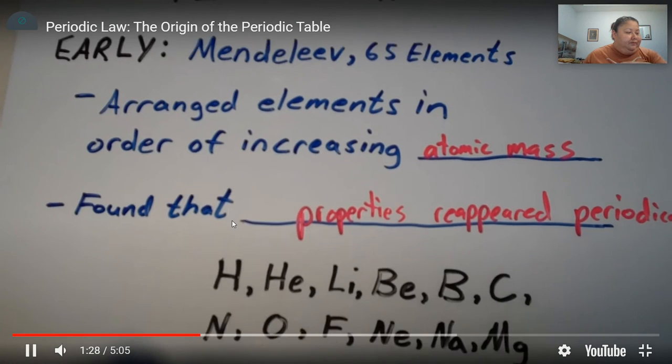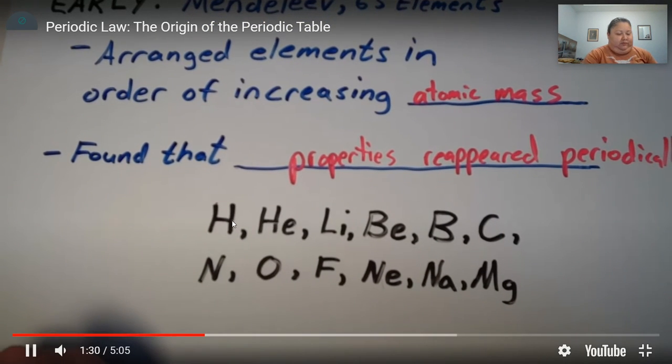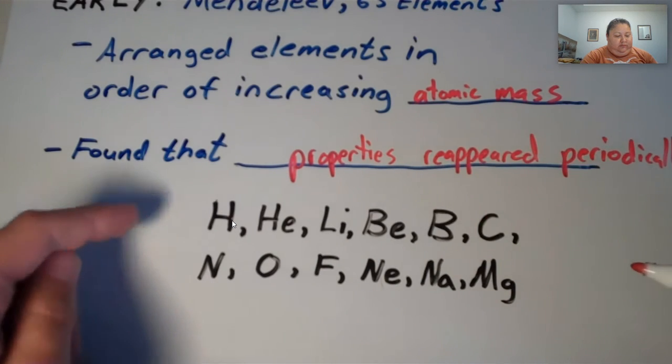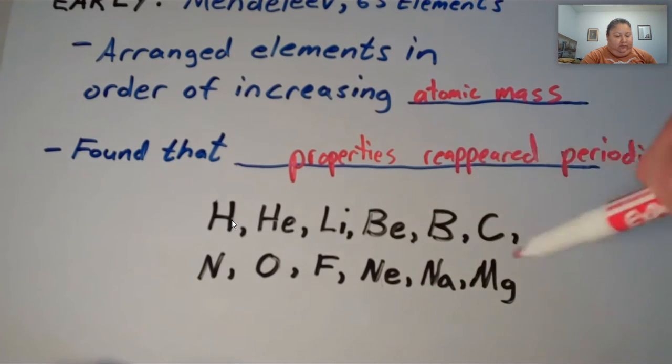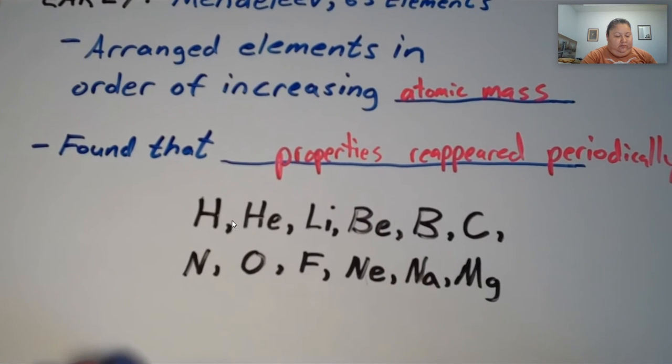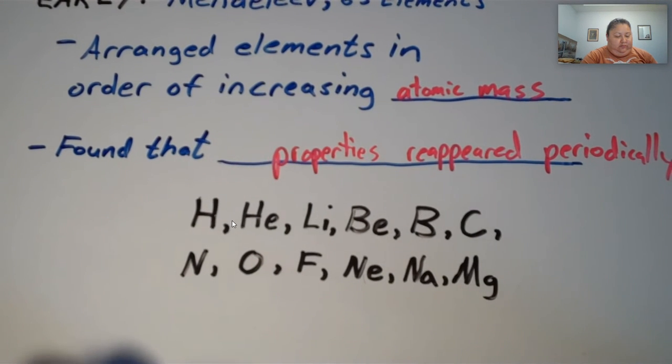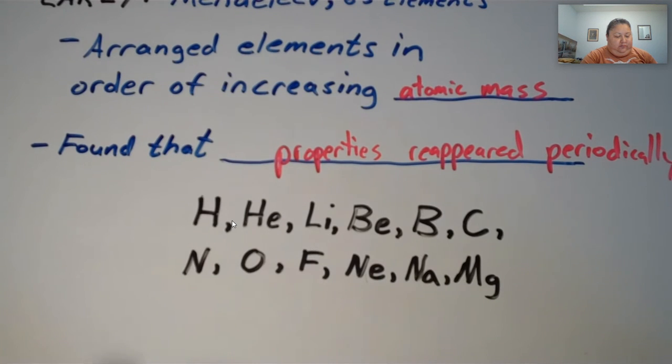What that means. Here I have a list of the first 12 elements on the periodic table. So hydrogen is the first one, helium is the second one. These are arranged in order of increasing atomic mass. So like I said earlier, the properties of all these elements were known.